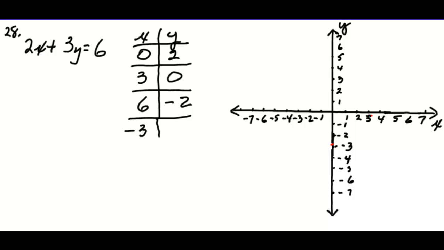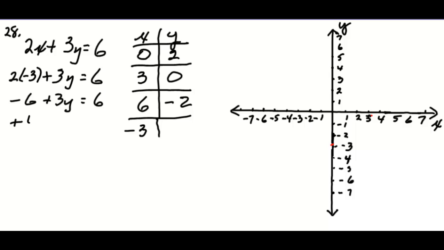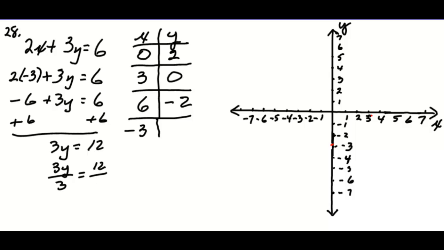So if we take 2 times -3 plus 3y equals 6, now we have -6 plus 3y equals 6. By adding 6 to both sides, we now end up with 3y equals 12. And then 3y over 3 equals 12 over 3, and y equals 4.